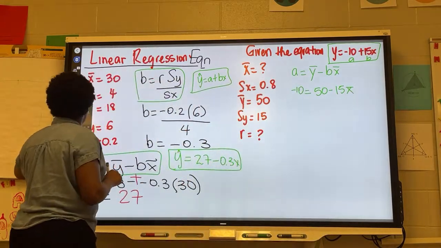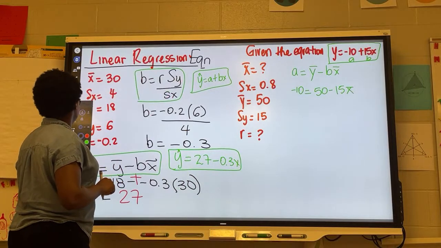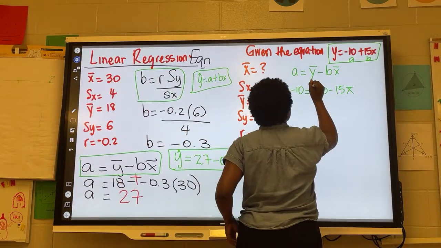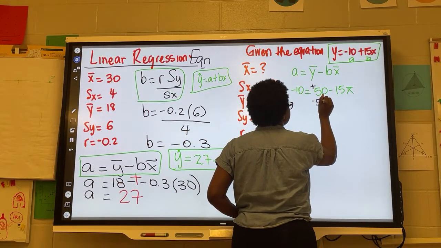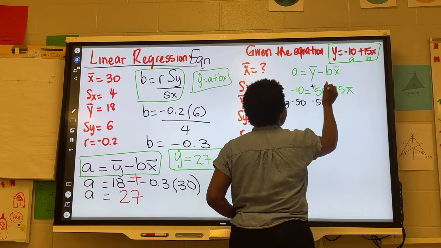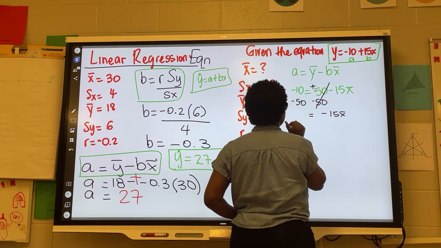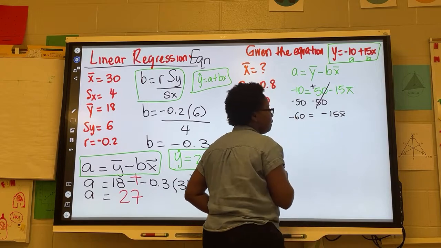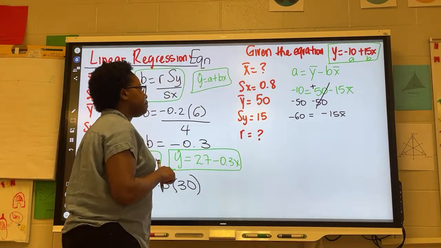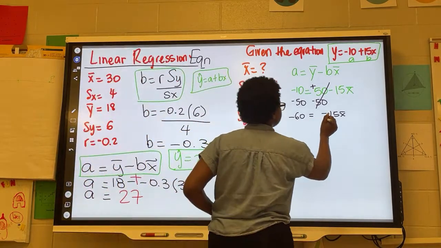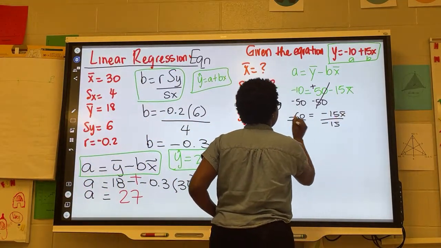Alright, when you're solving, you basically do the algebra here. I'm going to go through this. So it's a positive 50, so minus 50 from both sides. That cancels, bring the negative 15x bar down. That gives a negative 60. We want to find x bar, so we have to divide both sides by negative 15.